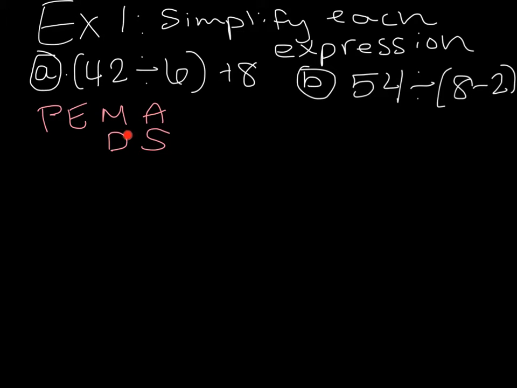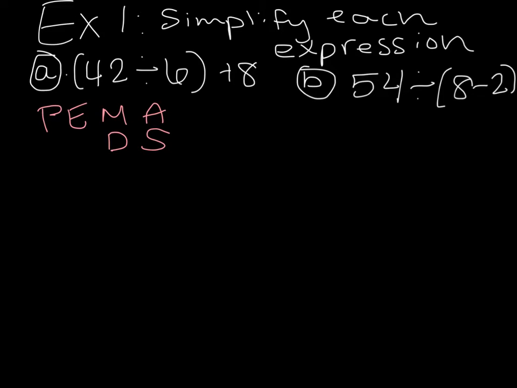And then we're going to look at multiplication and division. We're going to read these from left to right. So even if division comes before multiplication within the problem, that's okay. And then lastly, we're going to look for addition and subtraction. Again, we're going to read from left to right in order to make sure that we get the correct answer.